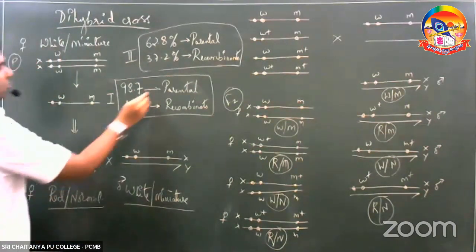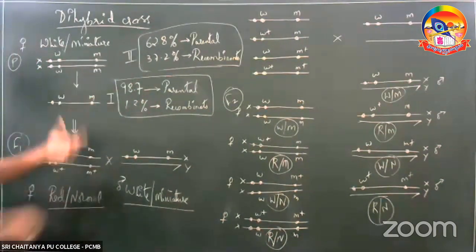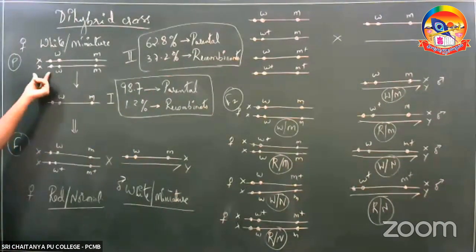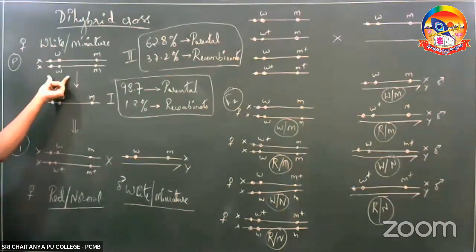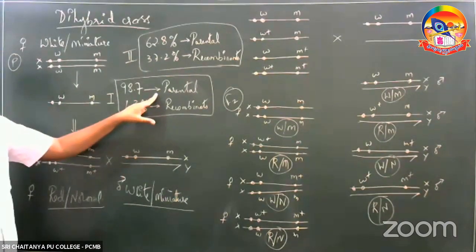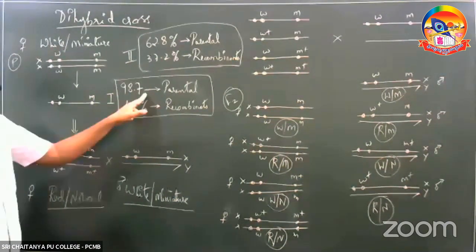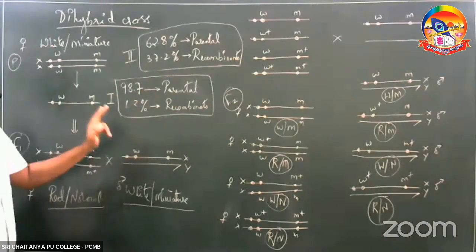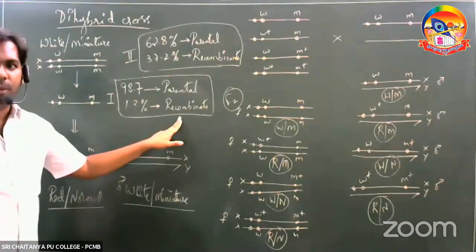Now, if you see the difference here, in the first case, when body color and eye color were taken into consideration, the number of parental type offspring was much higher, where 98.7% were parental types and only 1.3% were recombinants.